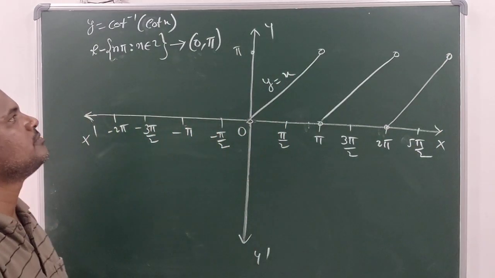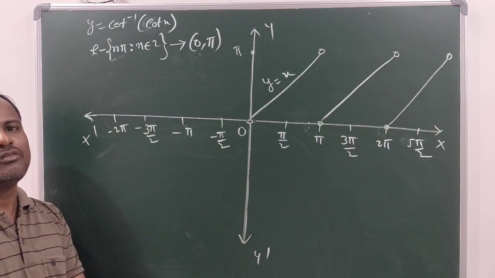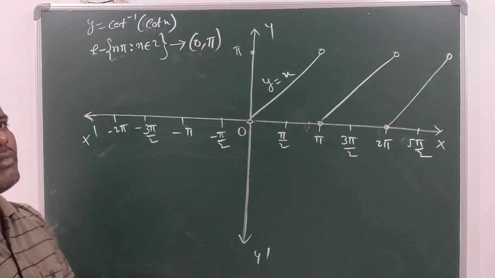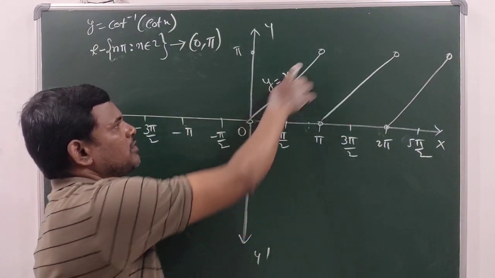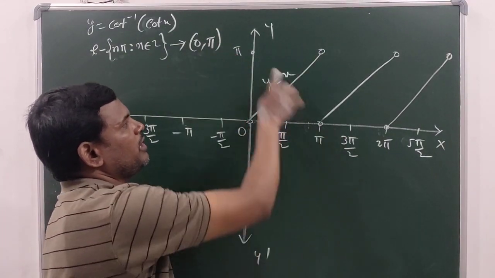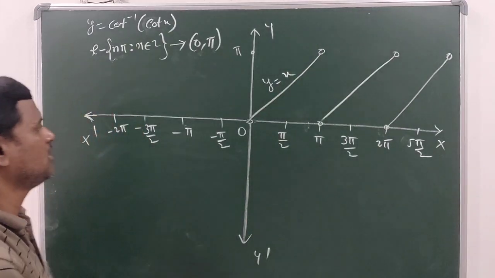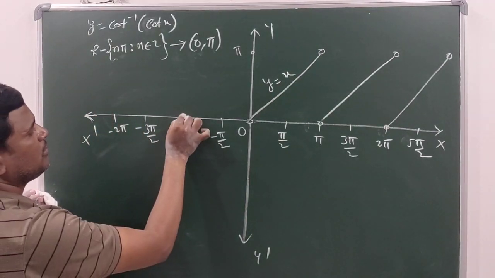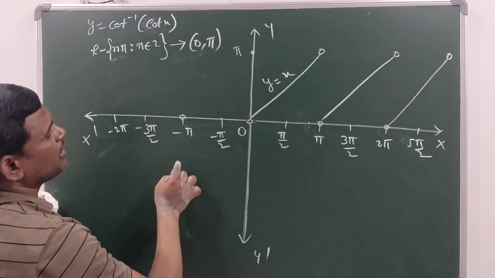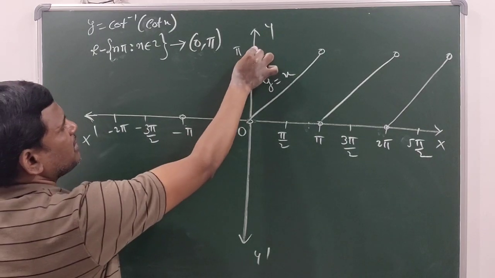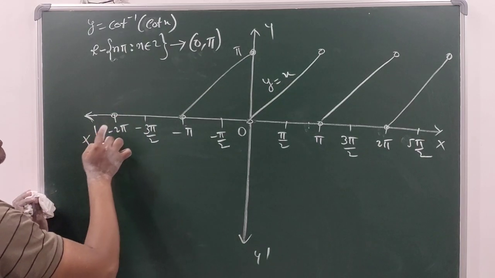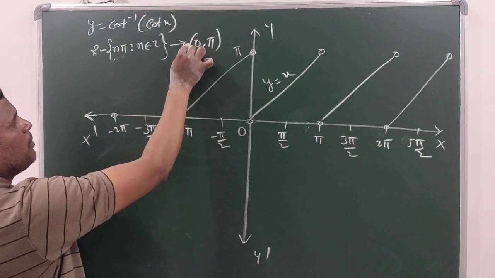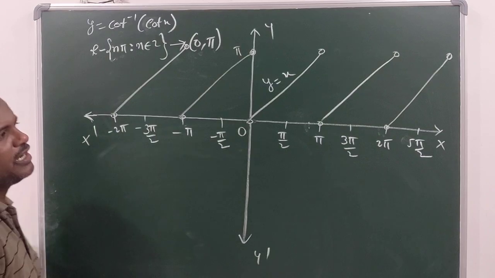Same like tan inverse of tan x, but there you got minus 90 to 90, now it is 0 to pi. But here, these extremes are not included, hence I am keeping open circles. So here, open circle, here it is open circle. Like this you will get.